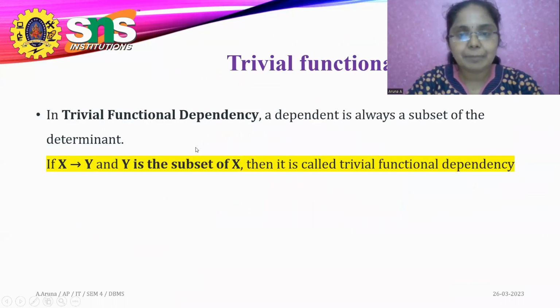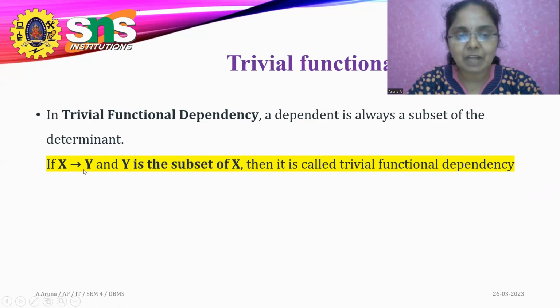The trivial functional dependency is always in a particular table where the dependent is a subset of the determinant. So we can say it is a valid functional dependency, because we know that X is the determinant and Y is the dependent.